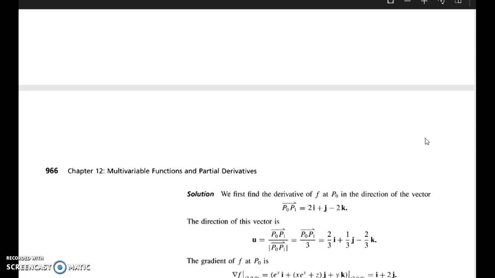We first find the derivative of f at the point P0 in the direction of the vector P0P1, which is equal to 2i plus j minus 2k.